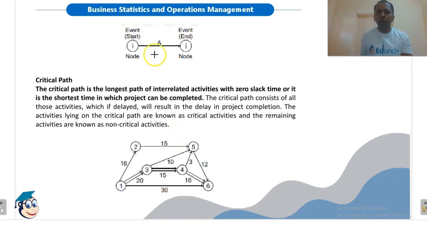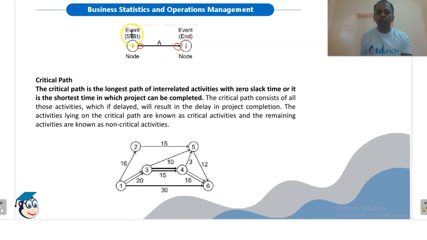So this is how we represent activity and events. You can see this arrow. This arrow represents an activity. This is the tail of the arrow, and this is the head of the arrow. So the tail of the arrow represents the starting of an activity, while the head represents the end of an activity. Then you can see two circles. These circles are what? Events. So events are represented by circles.